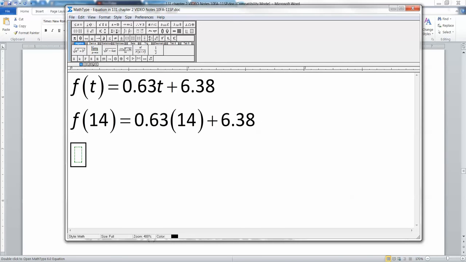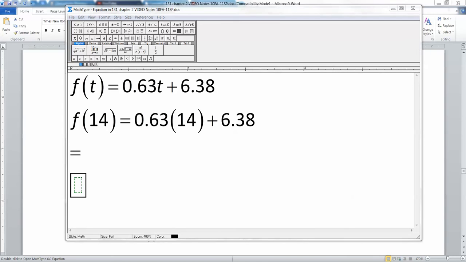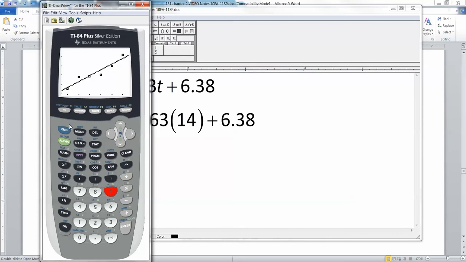All right, so when you do that with your calculator, let's see, quit to get out of here into the main screen. If you're ever on a screen you're stuck and you don't know what to do, second quit. That can get you to the regular one. So 0.63 times 14 plus 6.38. Enter. There you go, 15.2.